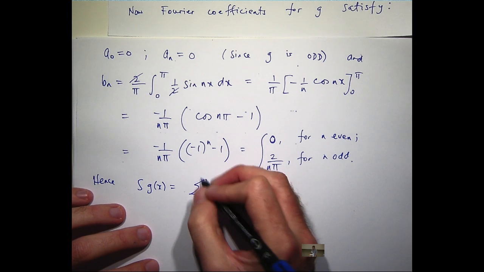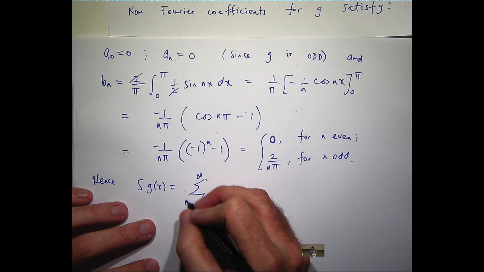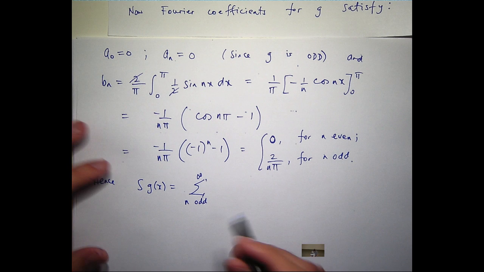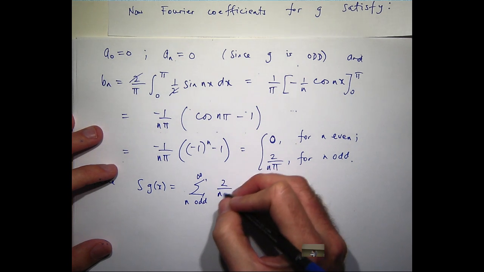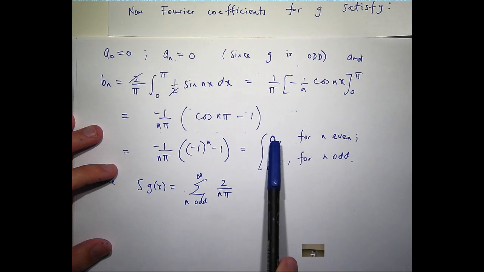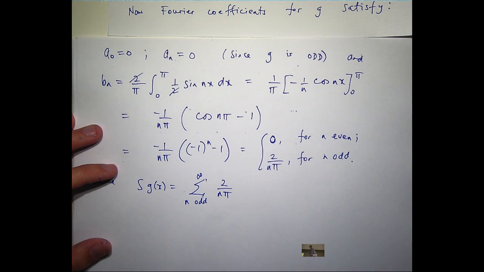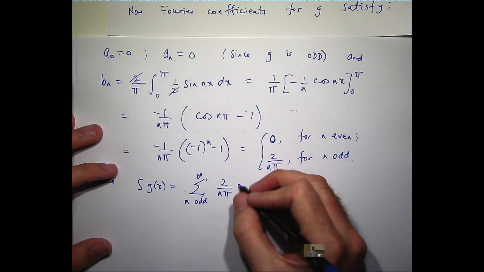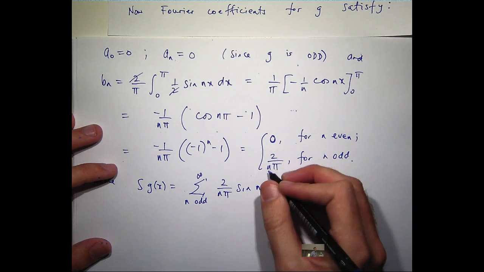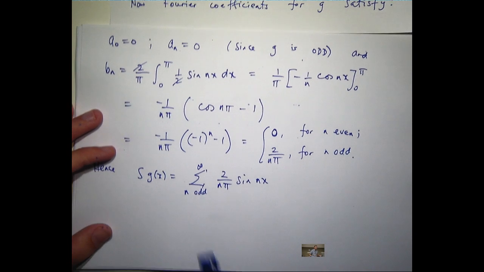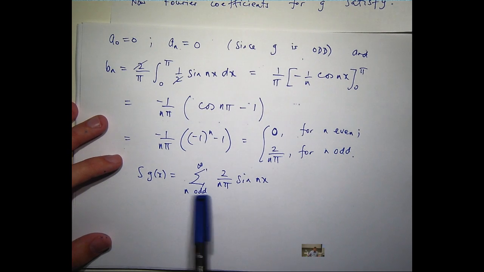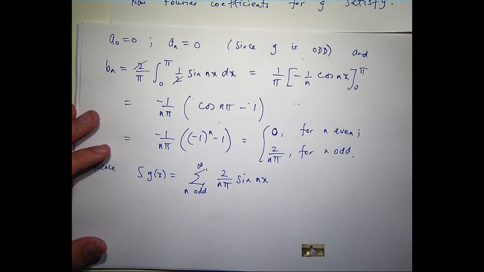Now I'm only going to sum over the odd values of n here. Why am I doing that? Well, because for all the even values of n, I'm just adding up 0, 0, 0, 0, 0, 0. So you're not contributing anything. Now you may not want to sum over the odd values of n. You may want to put it in a more standard manner.